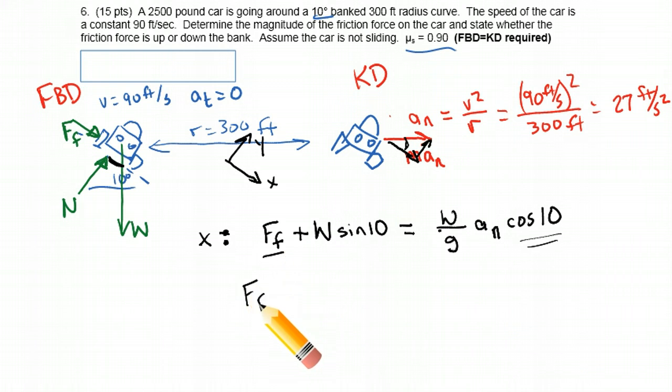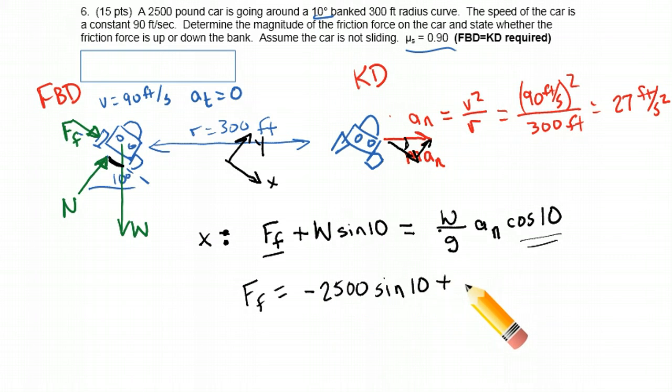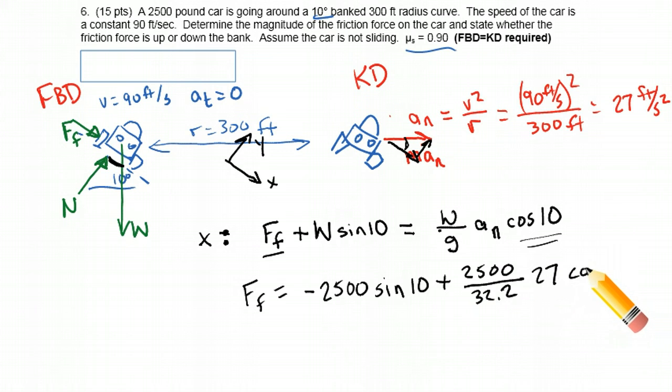So let's write that out. F sub f equals the mass, weight sine 10, moved to the other side, so minus 2500 sine 10, plus 2500 over 32.2 times 27 times cosine of 10. Let's hope I got that right.